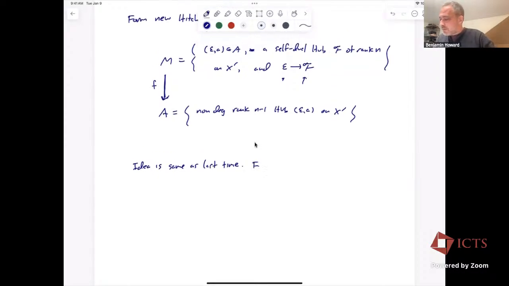We're going to form the higher direct image of the constant sheaf under the Hitchin fibration. So that's still in the derived category of l-adic sheaves on the Hitchin base.